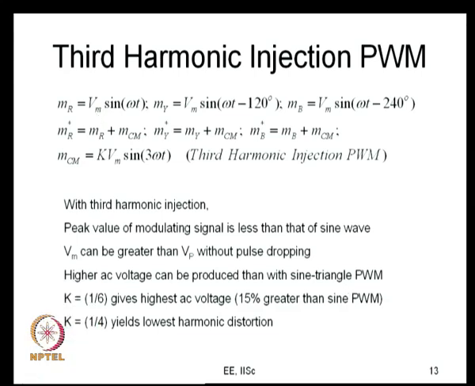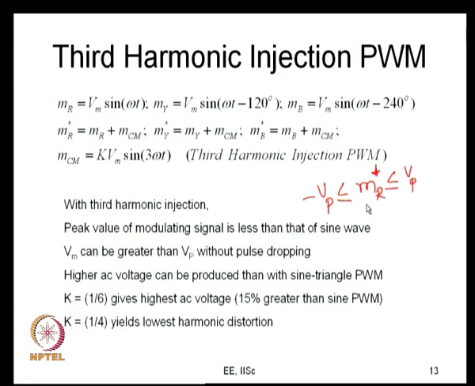There is one constraint: this MR star has to be less than or equal to Vp. Similarly, minus Vp should be less than or equal to MR star. Similarly for MY star and MB star. So, you have this kind of condition to be satisfied by the 3 modulating signals.